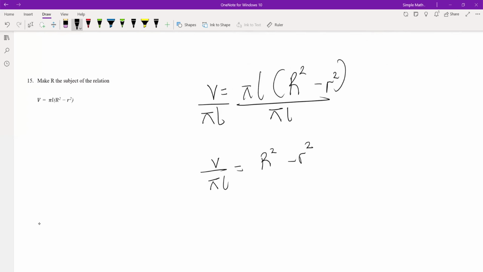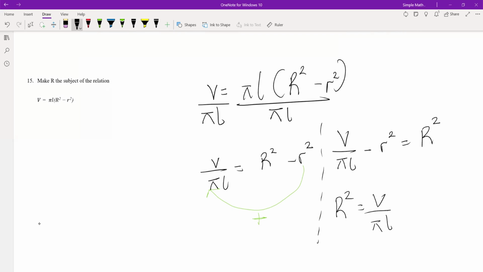So we can now move this small r squared to the left hand side, and it becomes plus. It means that V over pi l plus small r squared is equal to big R squared. So big R squared is equal to V over pi l plus small r squared. Now to find R, all we have to do is square root both sides.